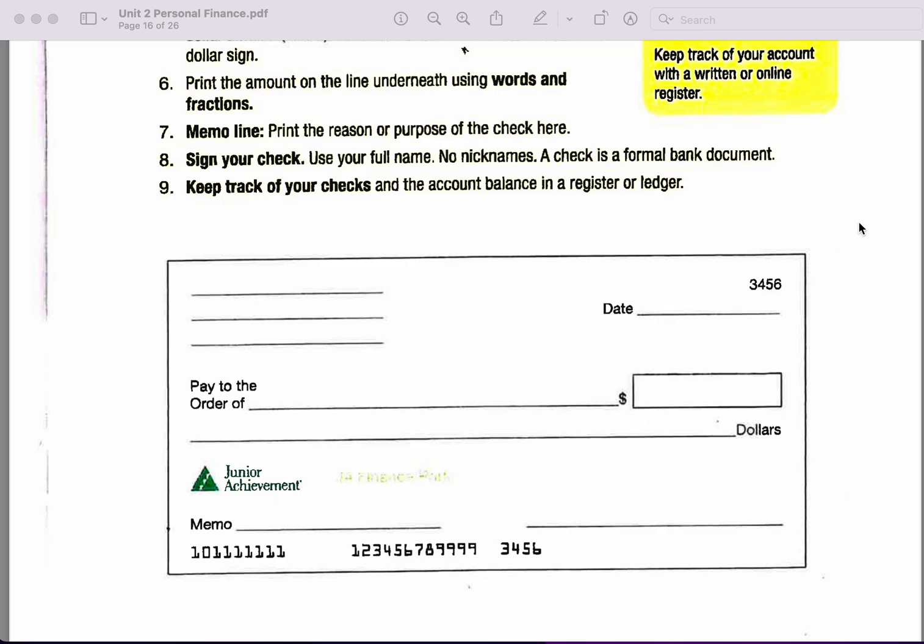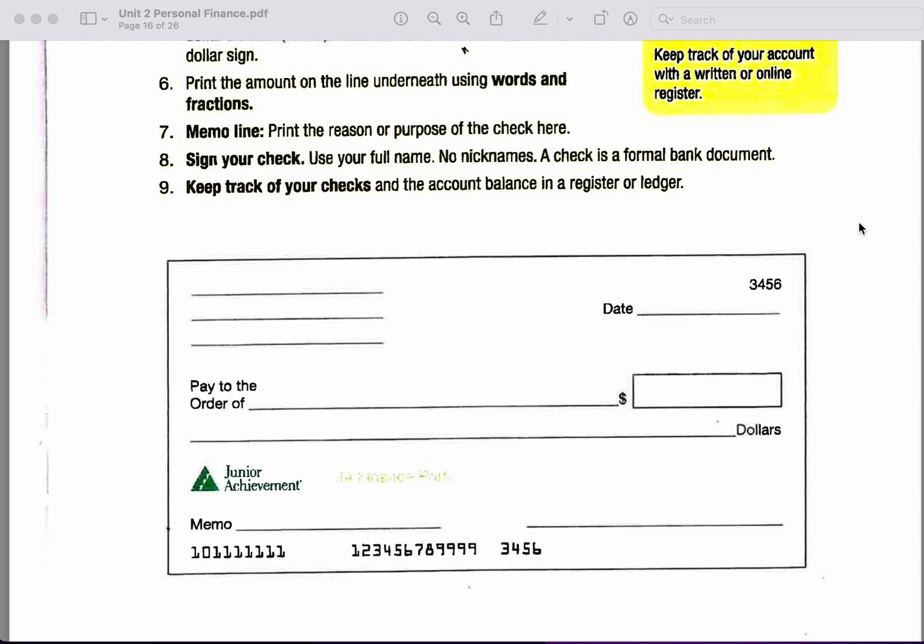I'll explain more down the road, but it's worth it just to take a moment and talk to you guys about writing a check. As you know, checking is one of our forms of money. It's representative money, and it is the way that most of the payments are made in this country today. People using their checking accounts.